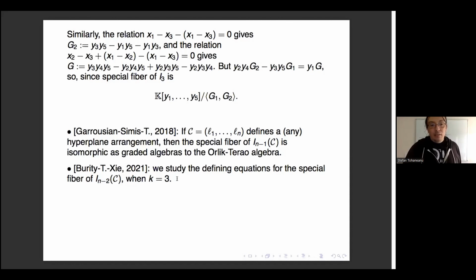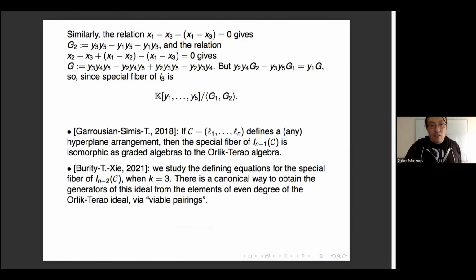And for easy calculation, we took K to be 3. There is a canonical way to obtain the generators of the special fiber of this ideal from the even degree elements of the Orlik-Terao ideal.